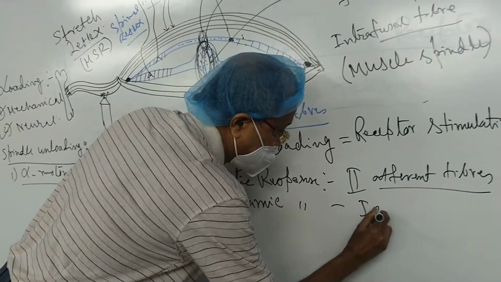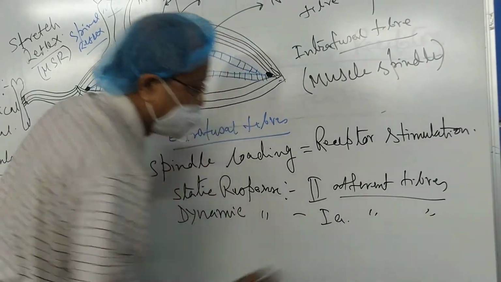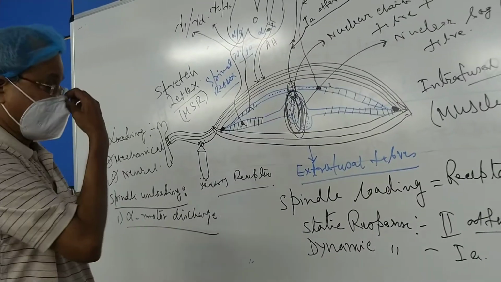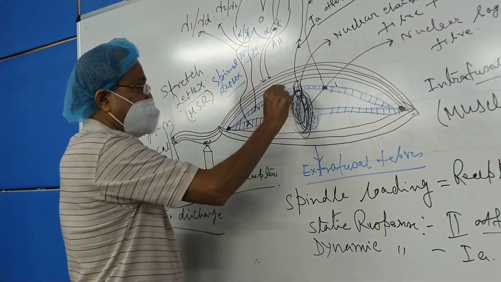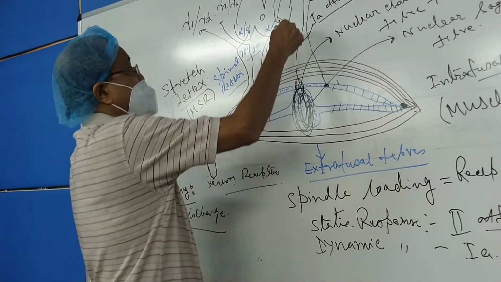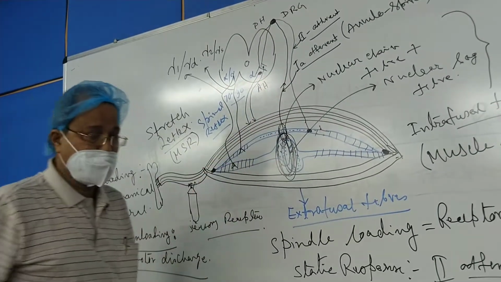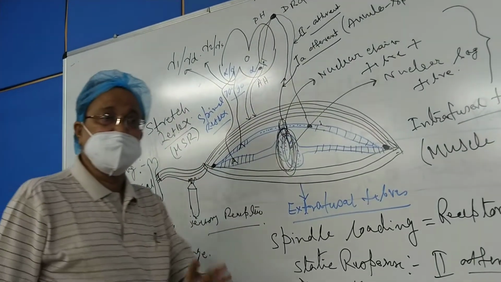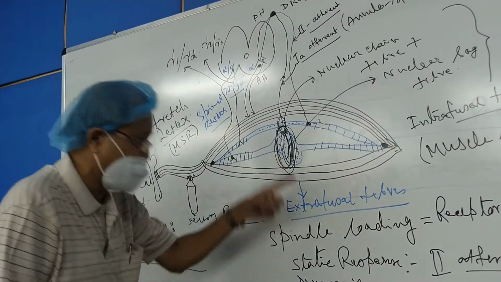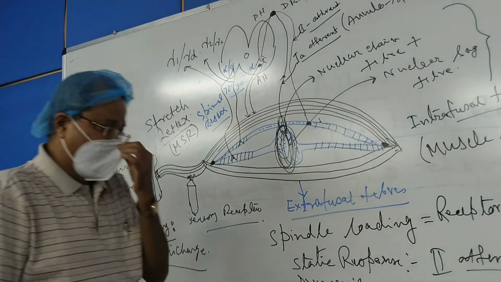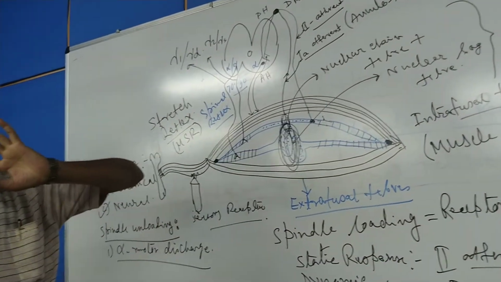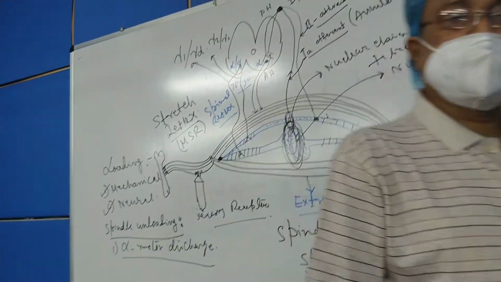It is definitely done by 1A afferent fiber. So this 1A afferent fiber, as both the fibers, that is the nuclear bag fiber and the chain fiber, are supplied by the 1A fiber, so the dynamic response is mediated by both the nuclear chain fiber as well as the bag fiber, and is executed via the 1A afferent neuron to be brought to the central nervous system.